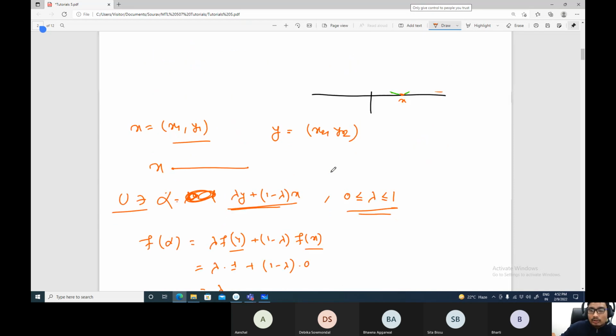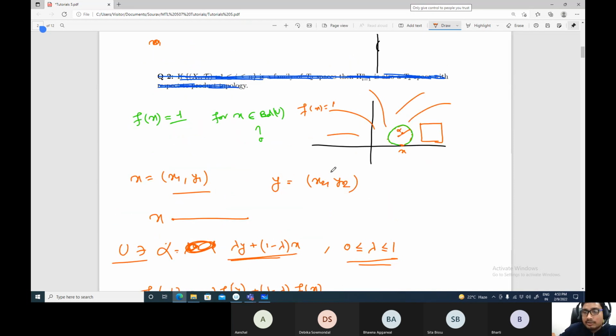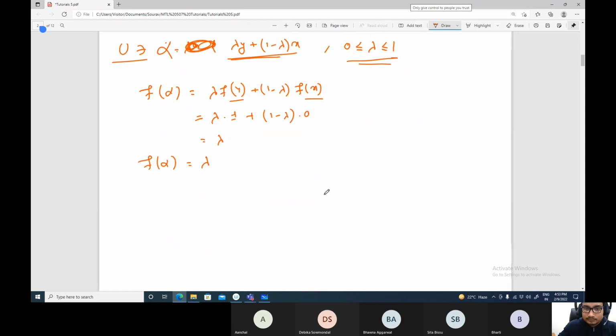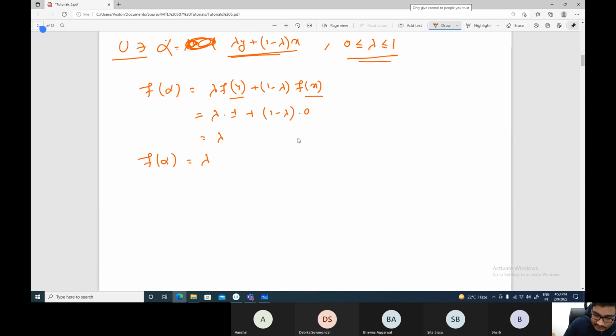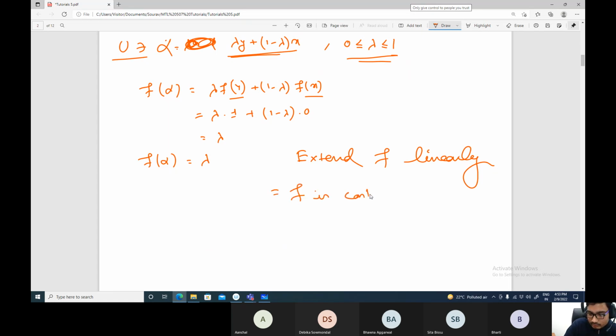You have some functional value here, you have some functional value there, and you are defining elsewhere linearly, meaning you are extending f linearly. You will see that this f is continuous.